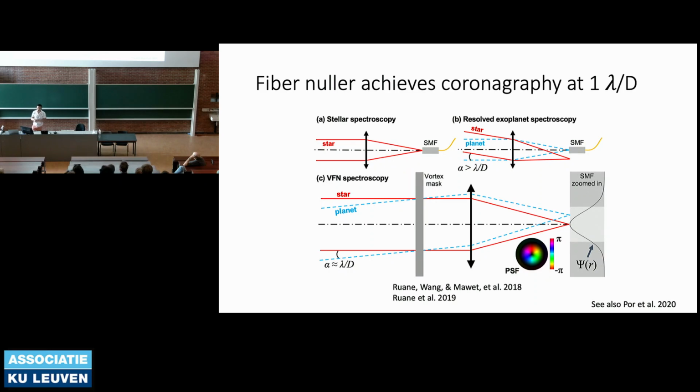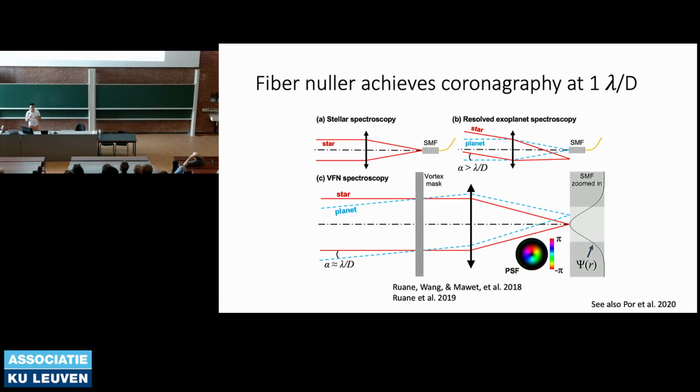So how it works is that you have the planet and the starlight separated by about 1 λ/D, and you put a single mode fiber on axis. So that is to the right of the plot. And in order to cancel the starlight, you have to modulate the phase of photons coming from the star.